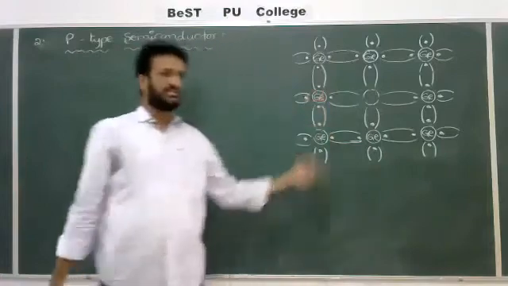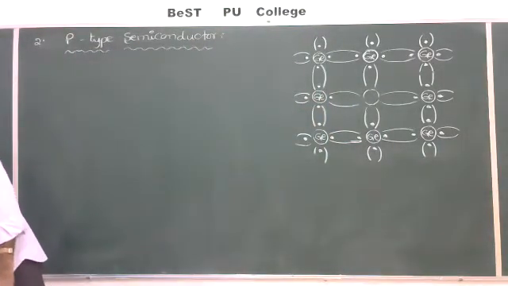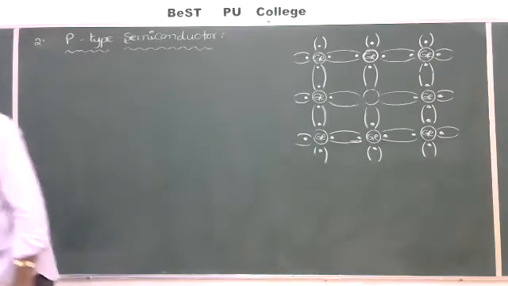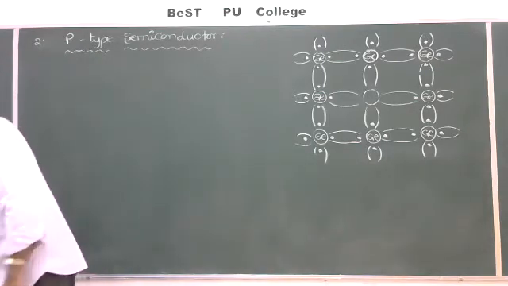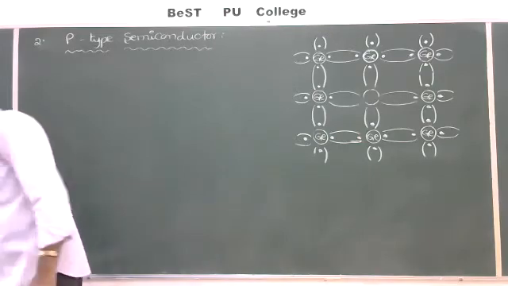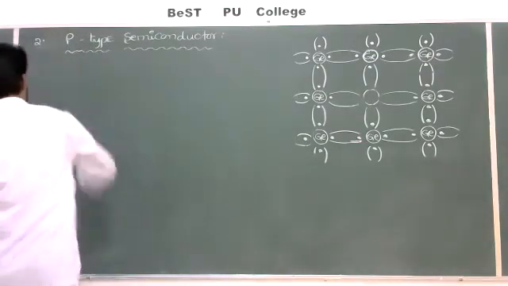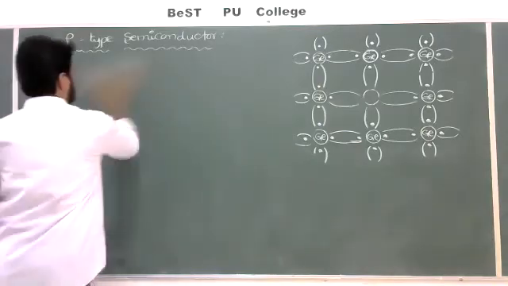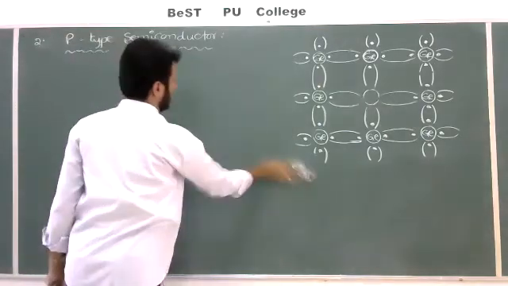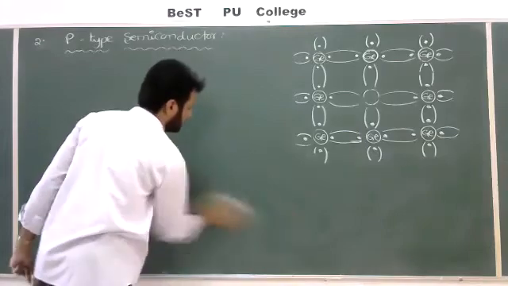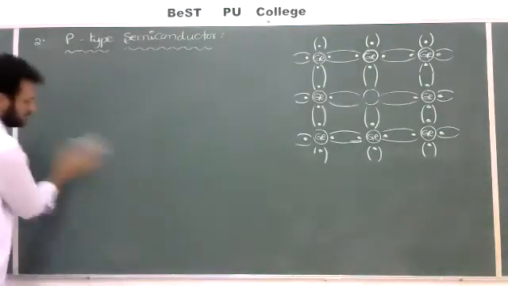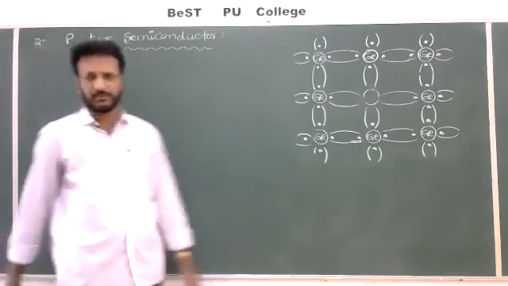So almost the structure will be like this only, but with a little bit of variation. So here we should take, instead of the pentavalent, what type of atoms do we have to choose? Trivalent, like boron, aluminum, gallium, indium, thallium, that type you have to choose.